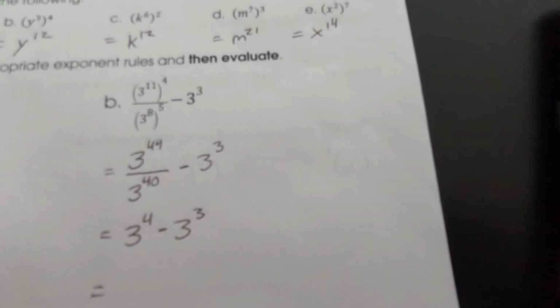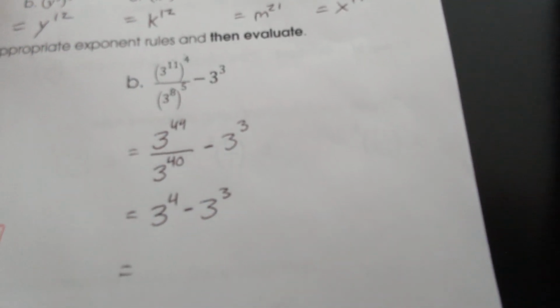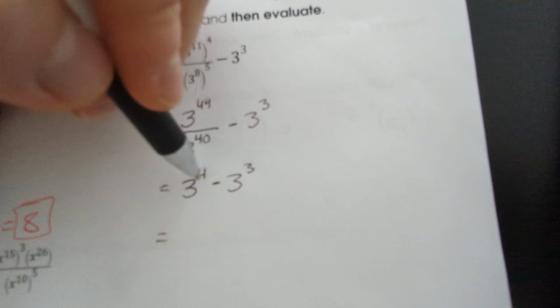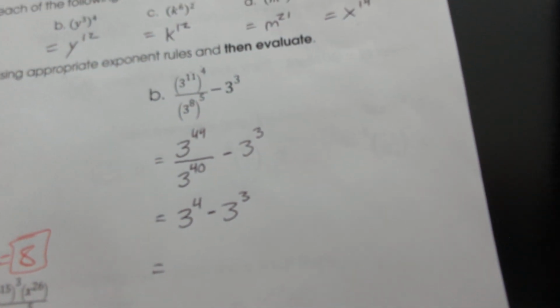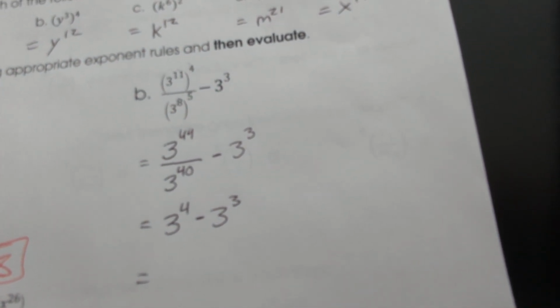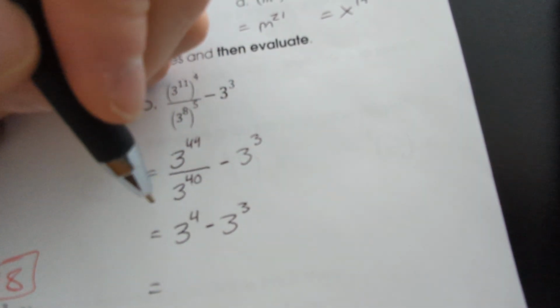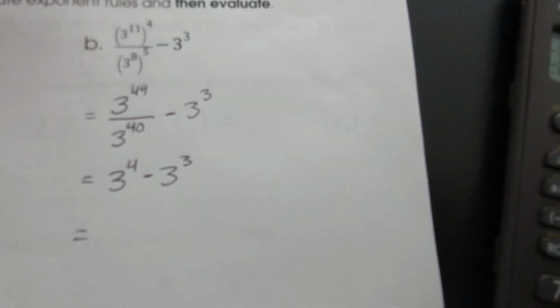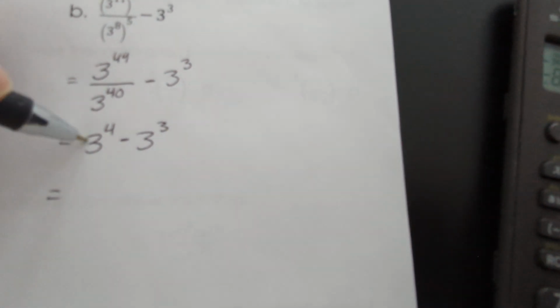If you do that, so we're subtracting exponents here. There's no rule for this, right? You cannot add these exponents, you cannot subtract these exponents because we're not multiplying or dividing, we're subtracting, okay? So if there's no rule, you need to evaluate both of these and then subtract after, okay?